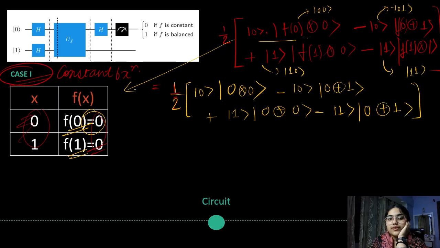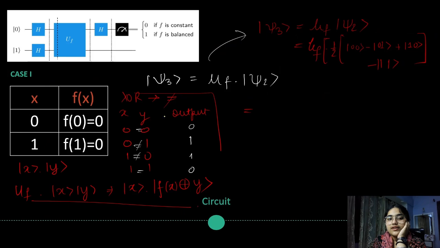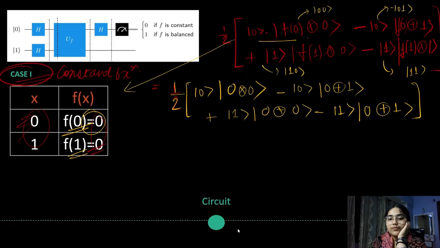We know that for XOR, the inputs should be unequal for the output to be 1. So we'll put the values exactly like this. This value will be 0, and this value will also be 0.